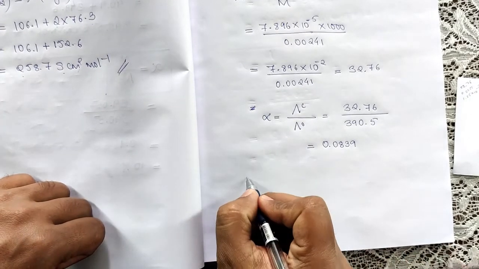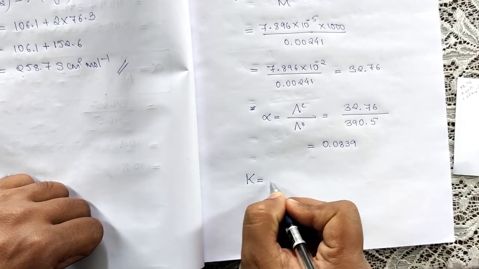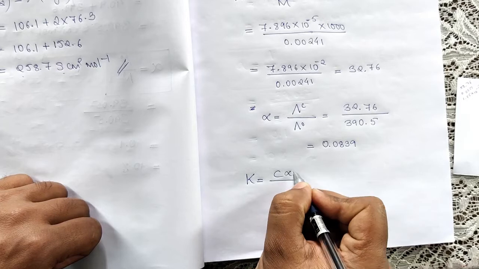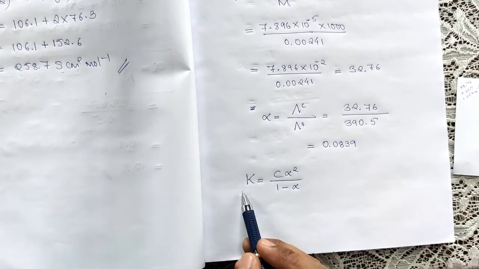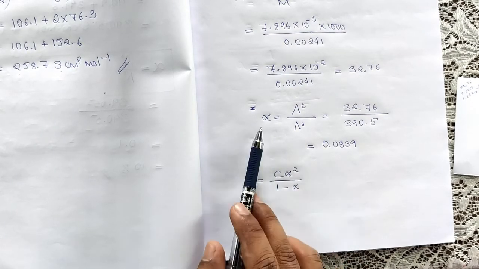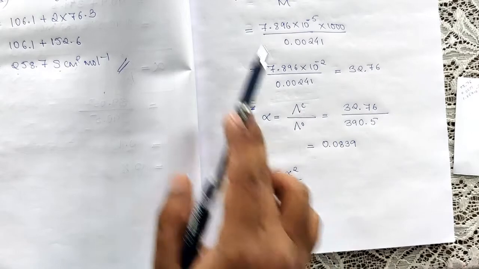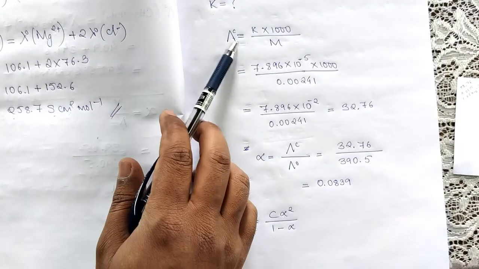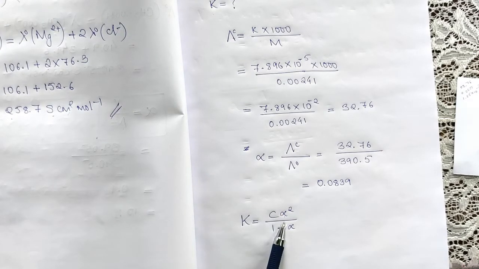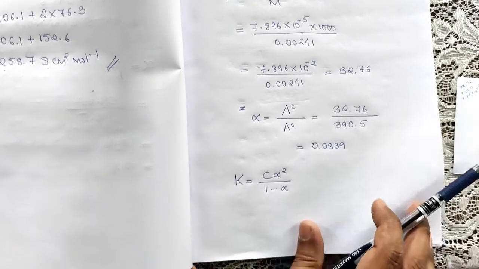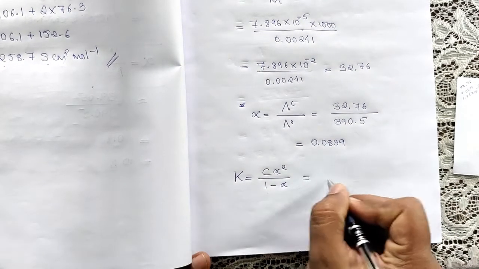Now we shall find dissociation constant K. K equals C alpha square divided by 1 minus alpha. So this is the formula to find dissociation constant. In order to find this, we need alpha, and in order to find alpha, again we need this one. So first we find this one, then we find alpha, and now we use the value of alpha in order to find dissociation constant.